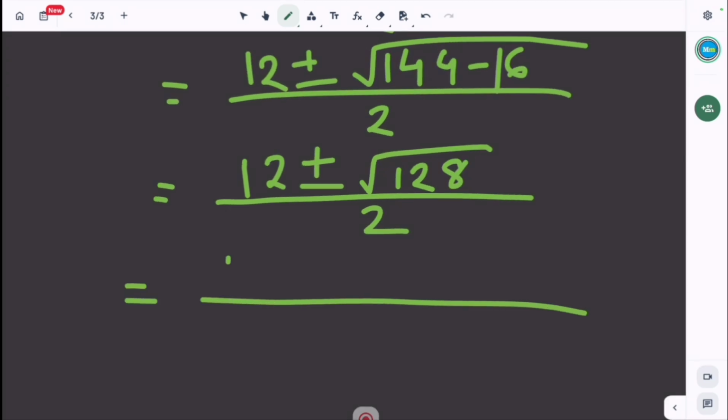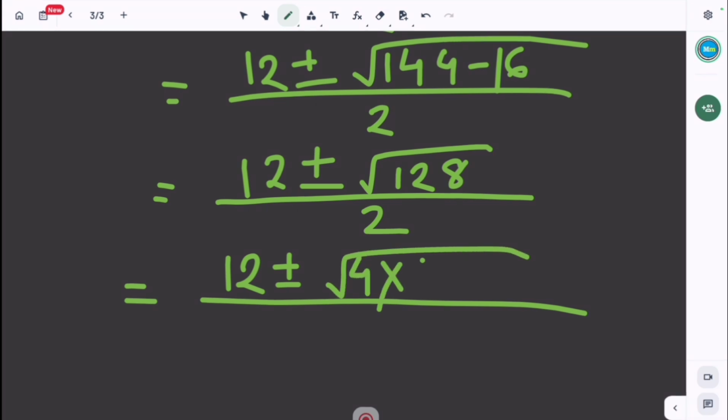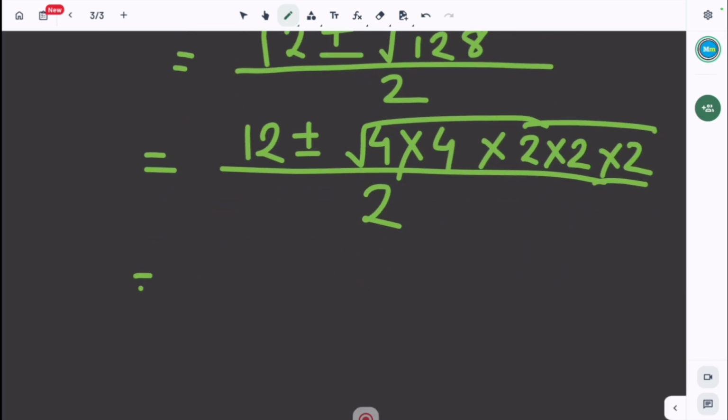And 128 can be written as 4 into 4 into 2 into 2 into 2, and divided by 2 equals 12 plus minus.